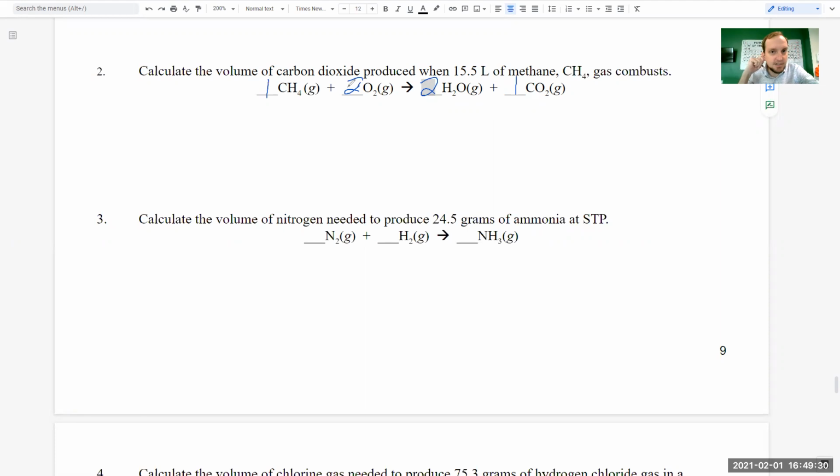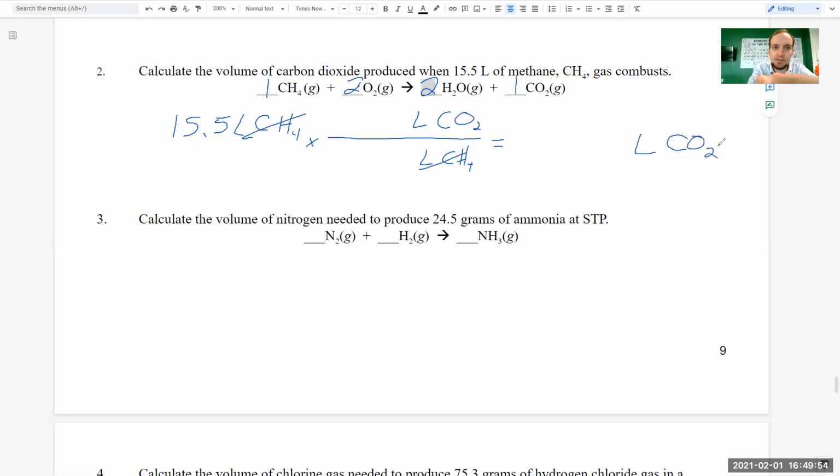Okay, that's the combustion of methane. So what we're going to start with again is 15.5 liters because that's the only thing we have to start with. We're going to go ahead and convert out of liters of CH4. What we want to know is the volume of carbon dioxide. This will cancel, and we'll be left with some liters of carbon dioxide.